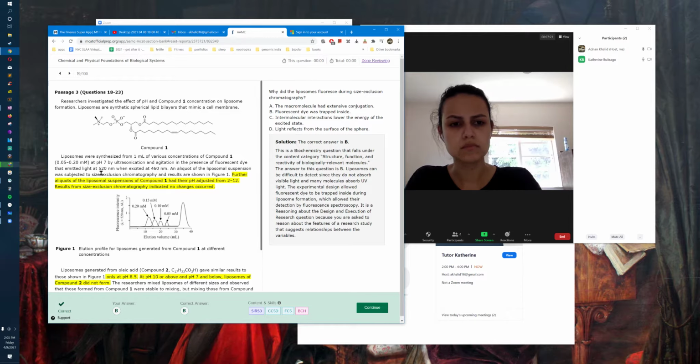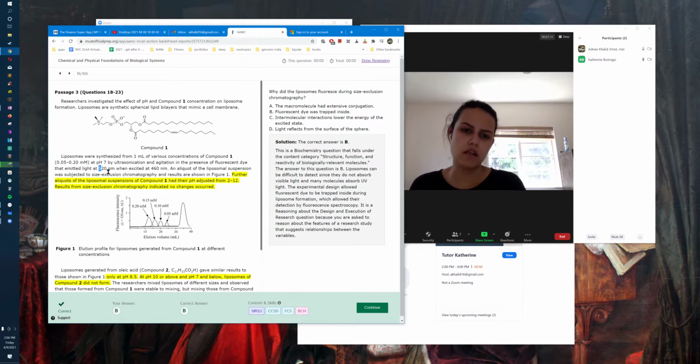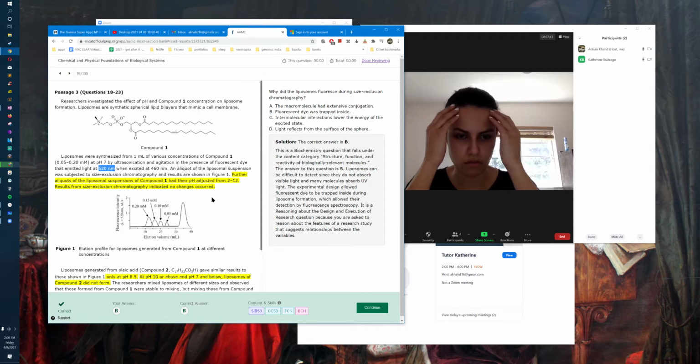So that tells you that some energy is lost in this process. Okay, hold on. Some energy will be lost because it's emitting light at a longer wavelength, which means lower energy. Yep. Okay. Good.